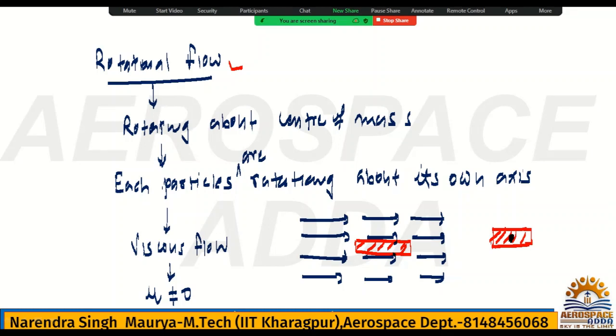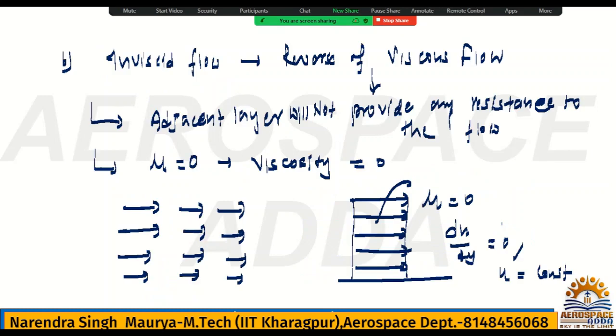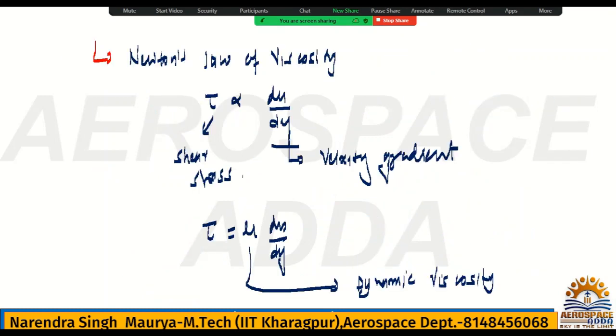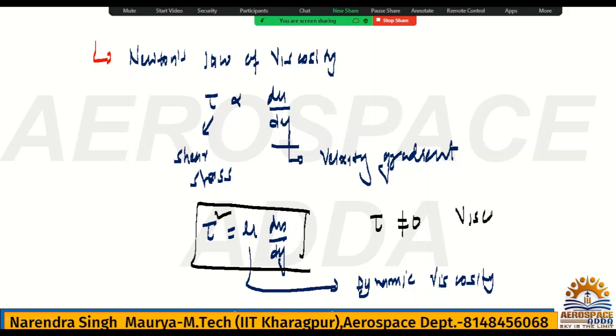Now why is it rotating? Very simple. It is rotating because of shear stress, following Newton's law of viscosity. If it is viscous flow, tau will not be zero, and tau will be zero for inviscid flow.